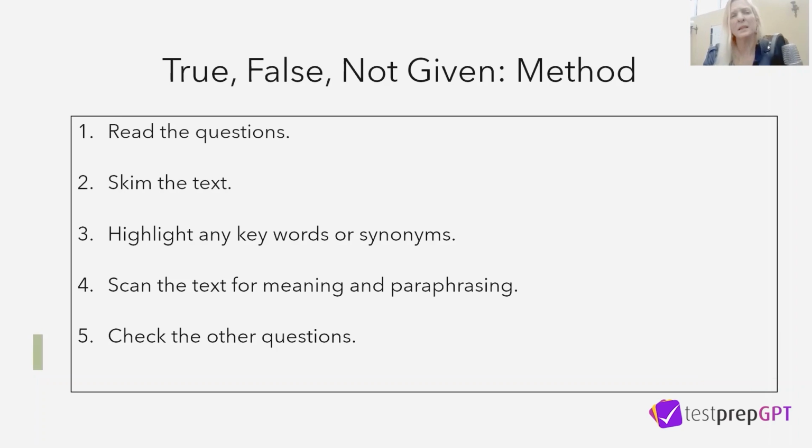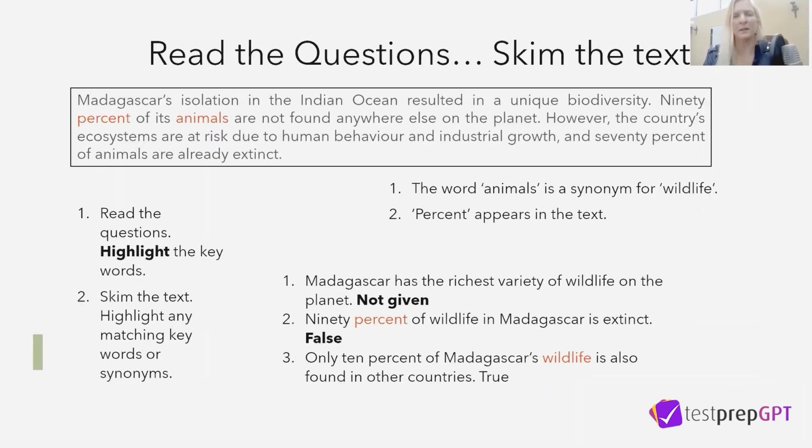Maybe the best idea is to apply this method to an example, and that's what we're going to do here. We have a paragraph about Madagascar. This is a very typical text that you may see in IELTS, where you have a geographic or a scientific passage, sometimes a little technical.